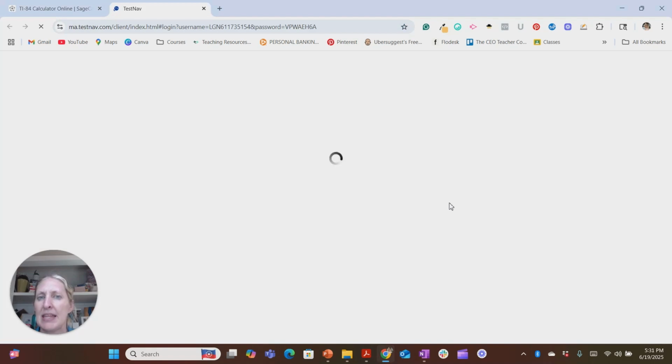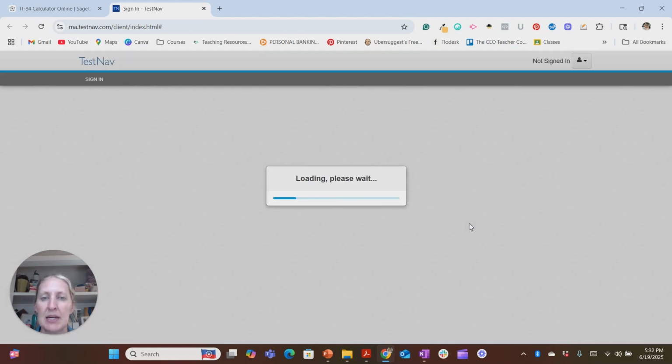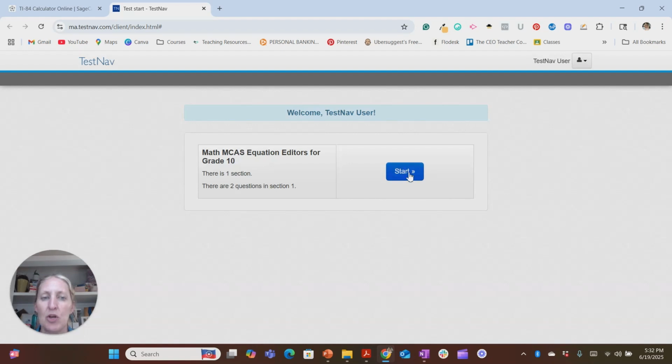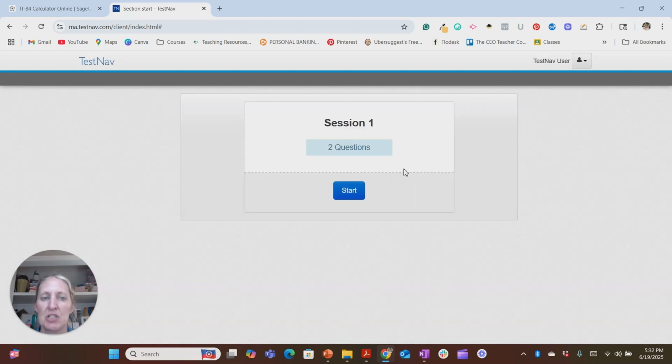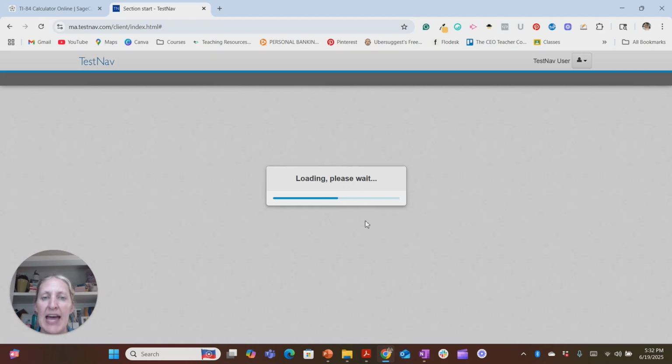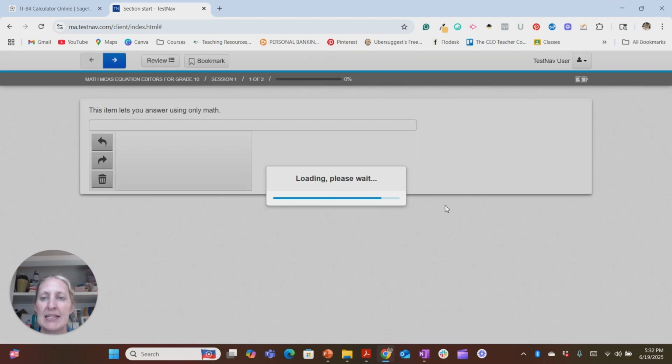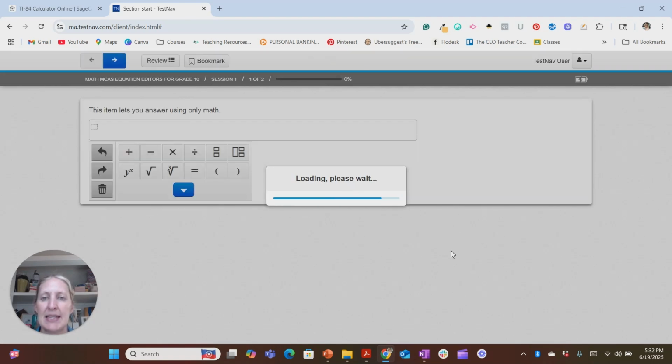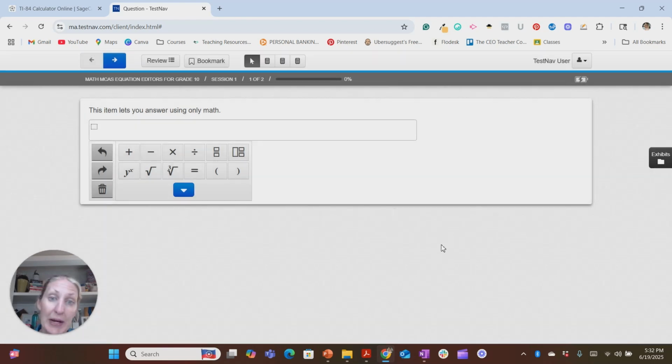I believe that it will take you straight there, and then once it loads, you will go to the start button, start again, and this is loading.